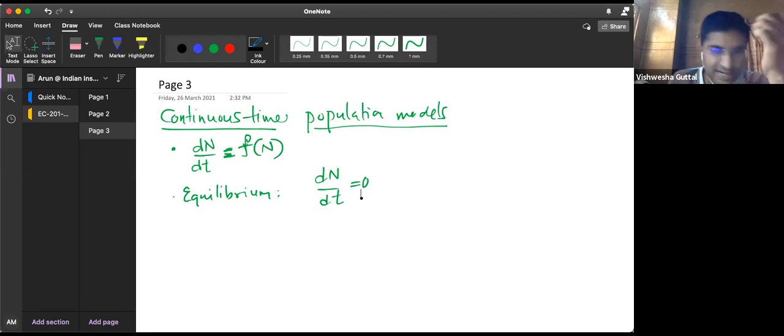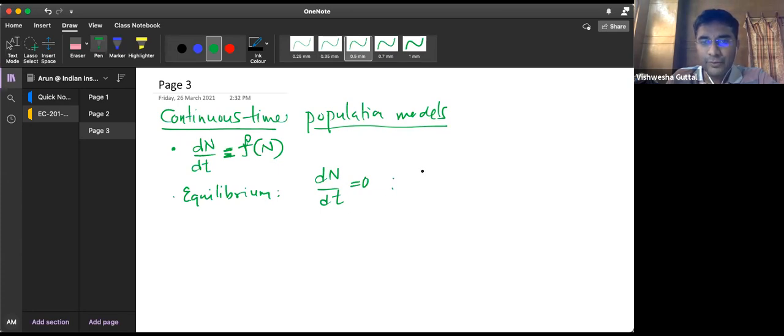Population doesn't change is the same as saying the derivative of n with time is 0. If that value is n star, then f(n) has to be 0 at that value of n. We find the equilibrium values by solving the equation f(n*) = 0.